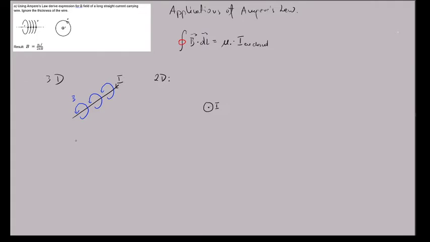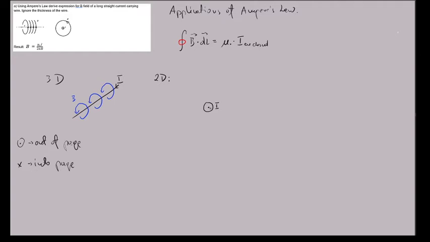Remember that we have this little convention that this means out of the page, and X means into the page. It's as if an arrow was coming at you, and here it's as if an arrow was going away from you into the page.